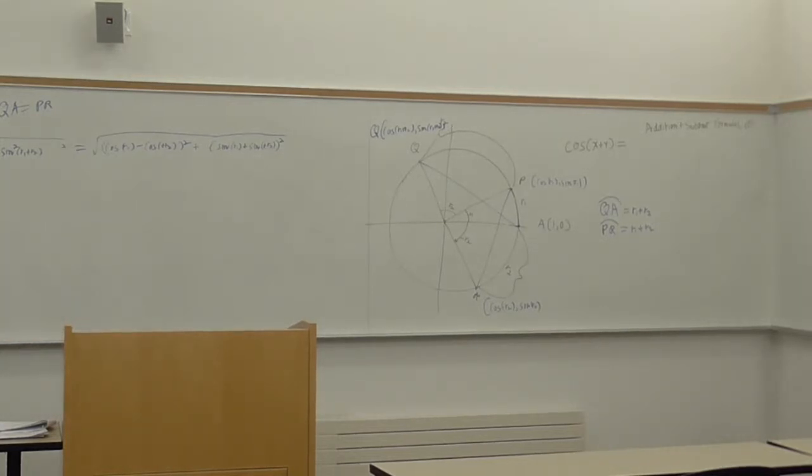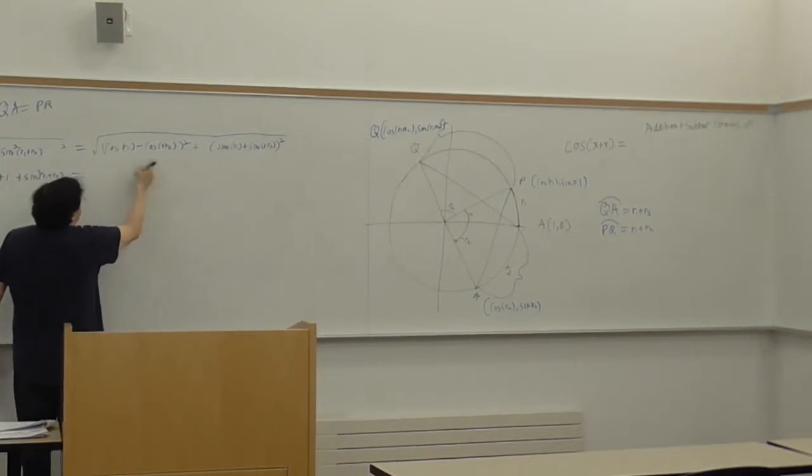I think we want to square both sides. You can just imagine I've erased that line there. And let's expand these and see where we go. So this is cosine squared of R1 plus R2, minus 2 cosine R1 plus R2, plus 1. That's just using a minus b squared. And we just have sine squared R1 plus R2.